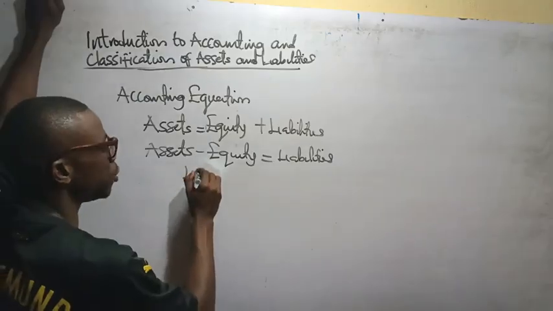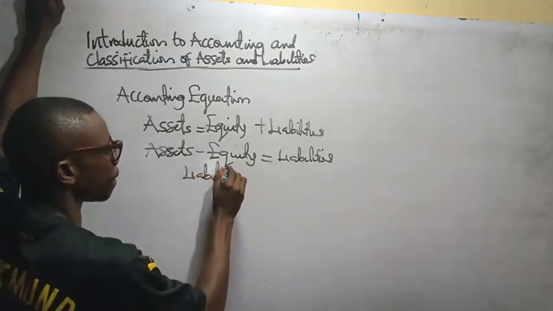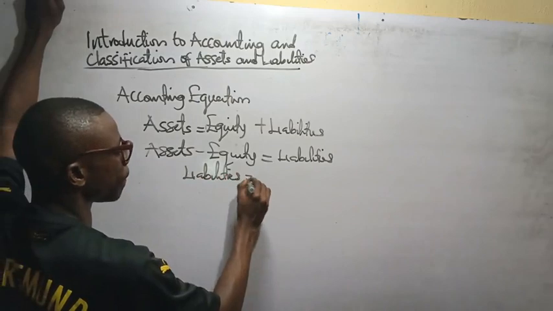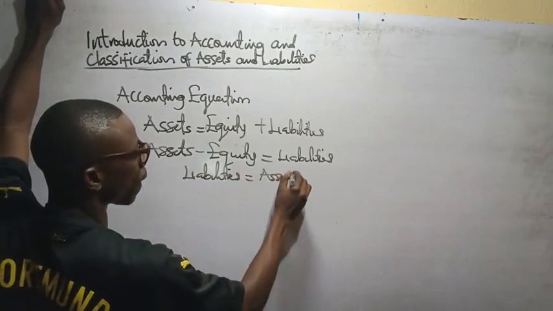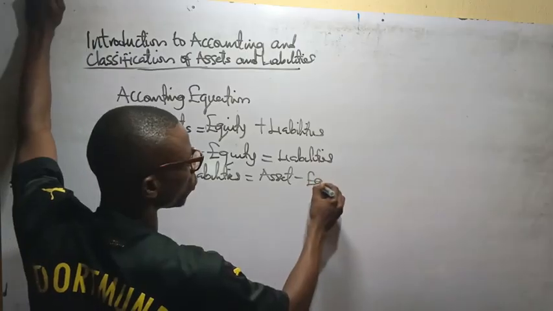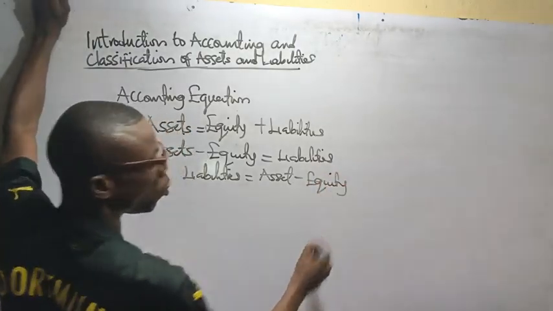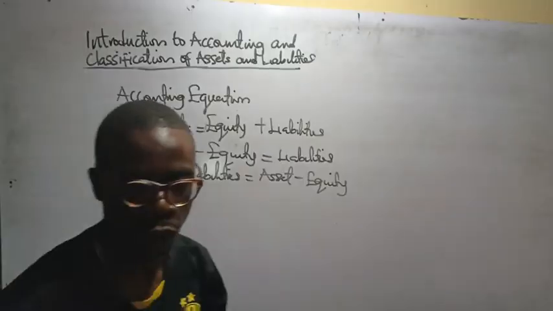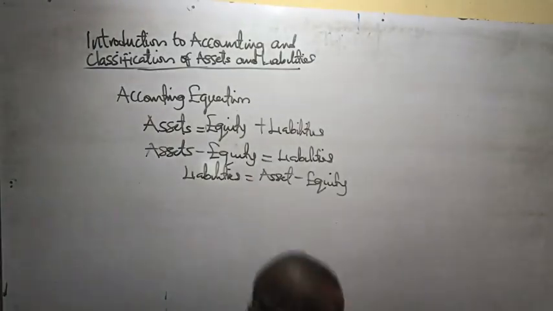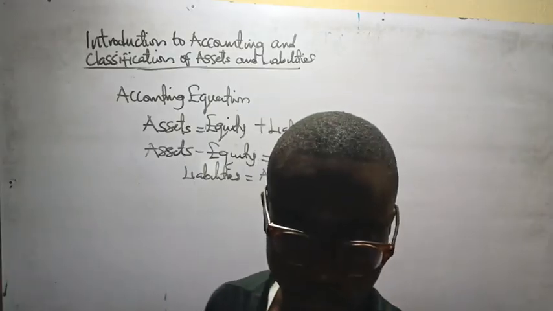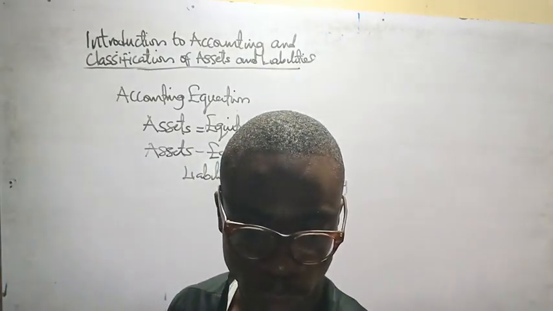So your liability is assets minus equity. Are we together now? So it depends on what you are asked to find.